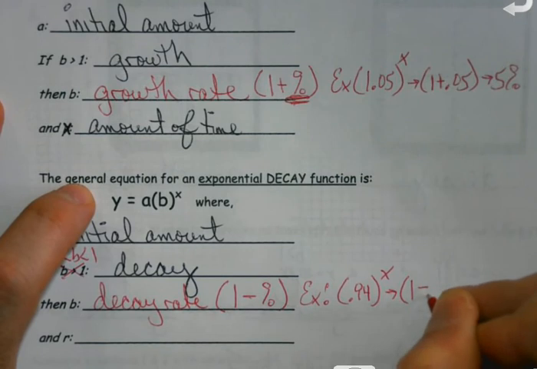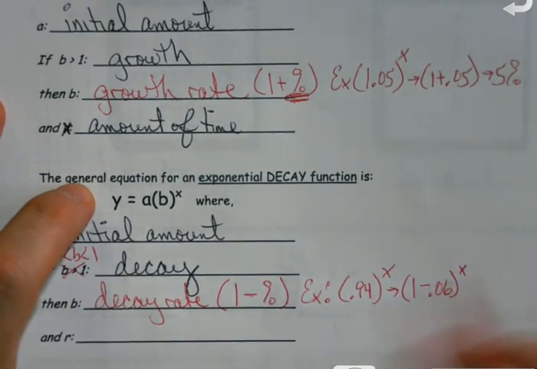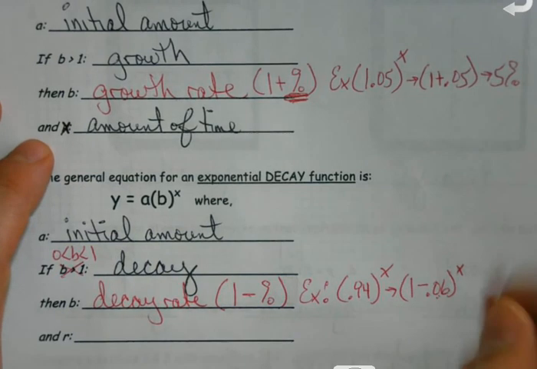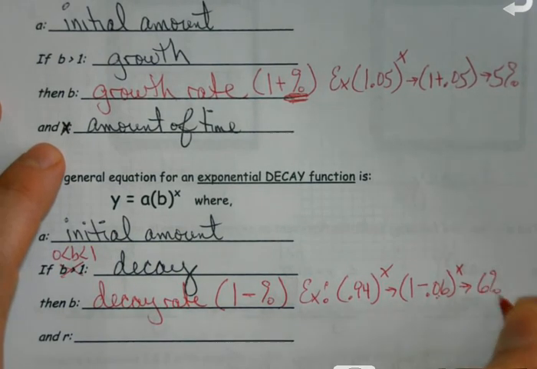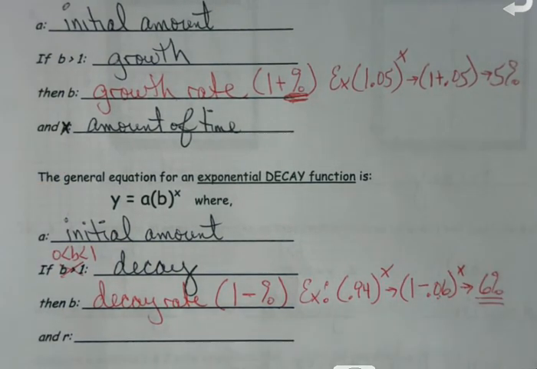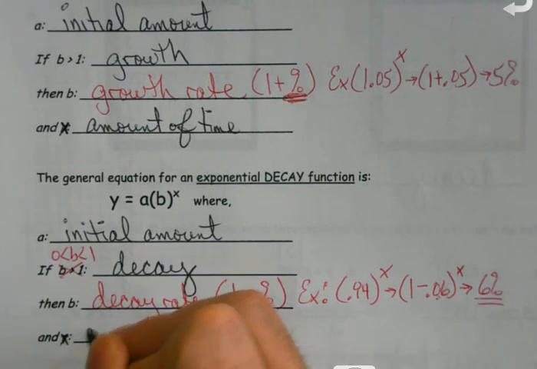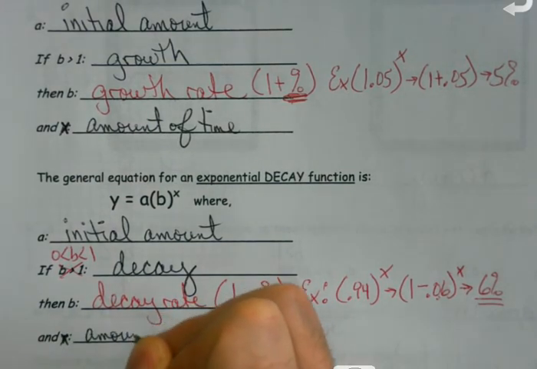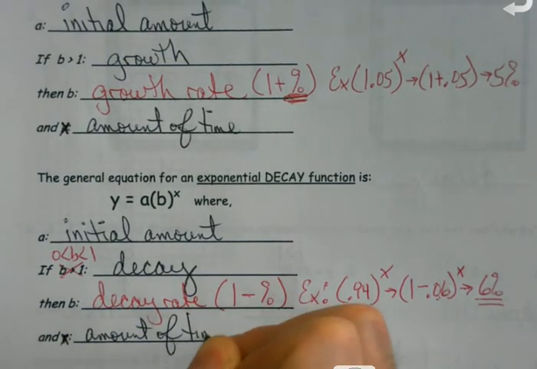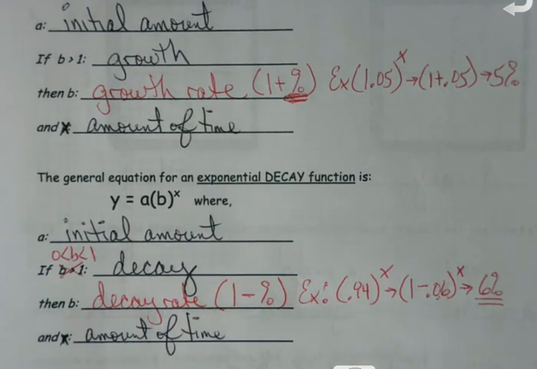So if I play around a little, I find out that's 0.06. And whatever that number is that I'm subtracting as a percent would be my decay rate. So if it's less than 1 under here, I've got to figure out what subtracts. It's sort of like doing a mini algebra problem. And again, x is going to be my amount of time. And again, having stuff like this would be really handy when we get to quizzes and tests to kind of let you see how this is all working together.